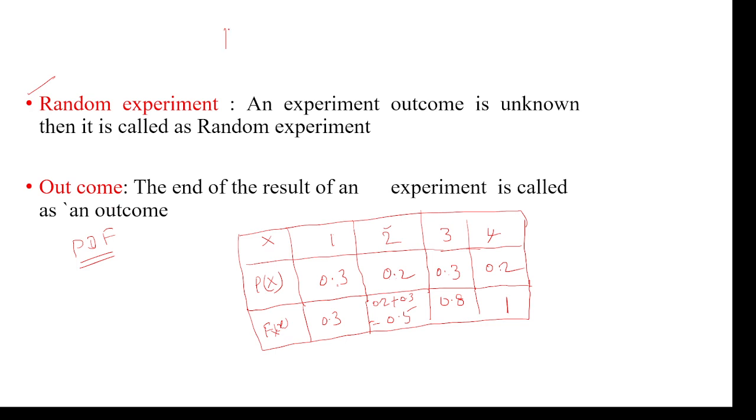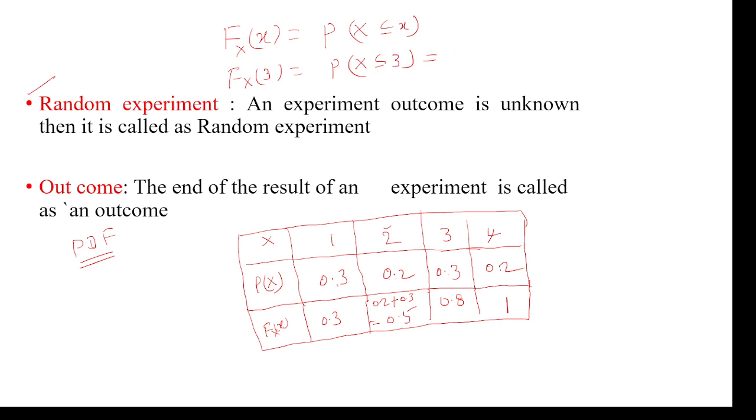So the CDF is the cumulative addition of the previous probabilities, also called the distribution function, denoted with P of X less than or equal to x. That is the meaning. For example, F of 3 means P of X less than or equal to 3.